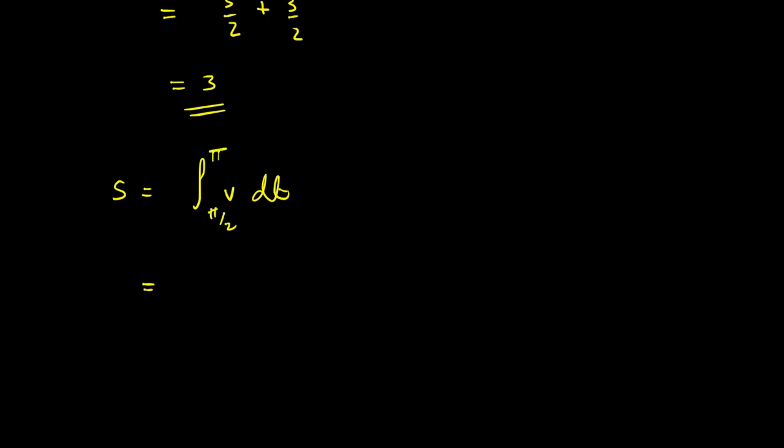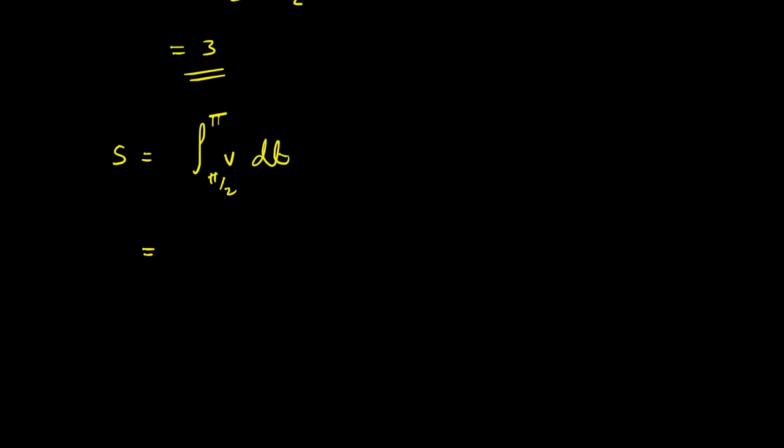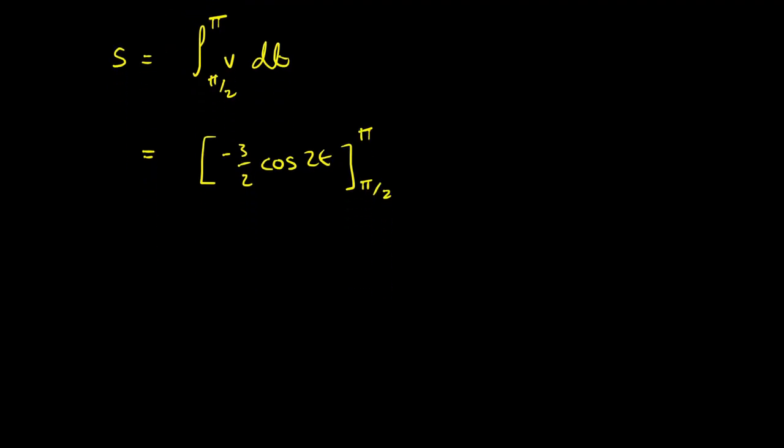Which would give us negative 3 upon 2 cos 2t between pi upon 2 and pi. So I substitute in the upper bound, which is pi. So it gives me negative 3 upon 2 cos 2 pi, minus negative 3 upon 2 cos, 2t times pi by 2 is pi.